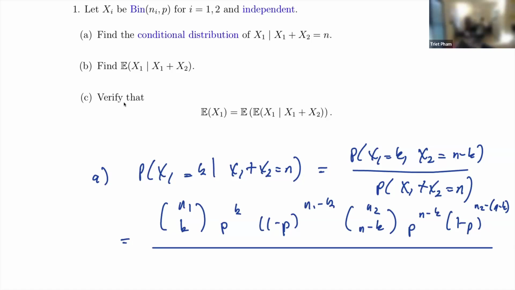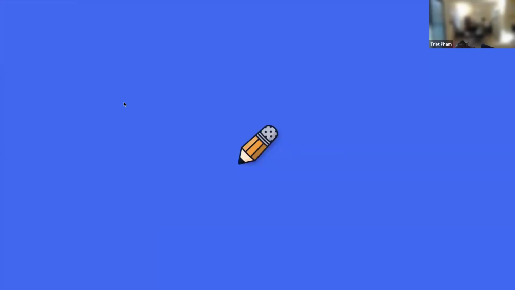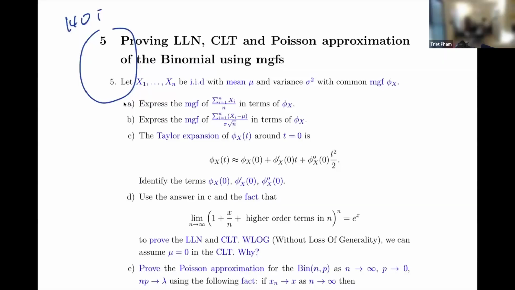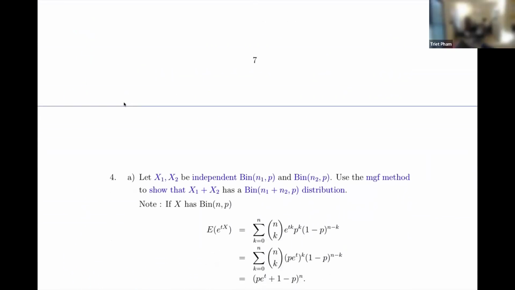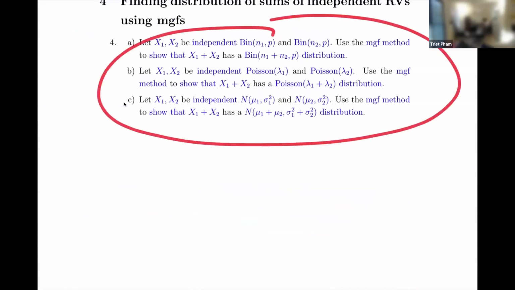Divide by what? Now what do we know about x1 plus x2? This is where the previous lecture about moment-generating functions and how you sum independent random variables matters. There was this problem right here that asks you to work with those.